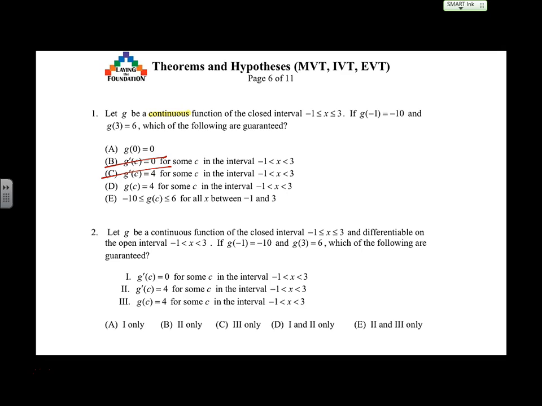Which one? A, D, and E all kind of sound like IVT. A, someone can make a mistake on it. Say, of course it's going to have to be 0, and you're right. But what's wrong about A? Does it have to happen at 0? No. It can happen anywhere. D or E? D. What is E saying? Help me with this.